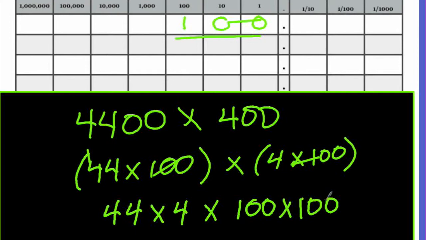What can I add to that problem to make it less confusing? What did I use in the problem above to make it less confusing? I broke them down by using distributive, but what do you think? Parentheses.